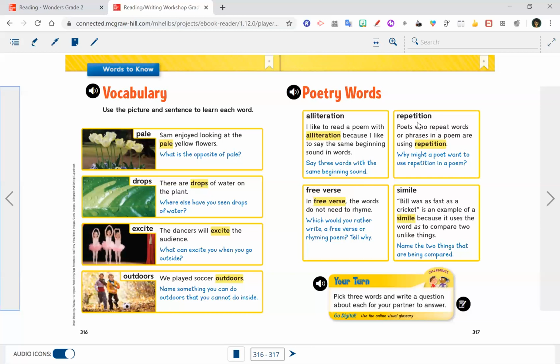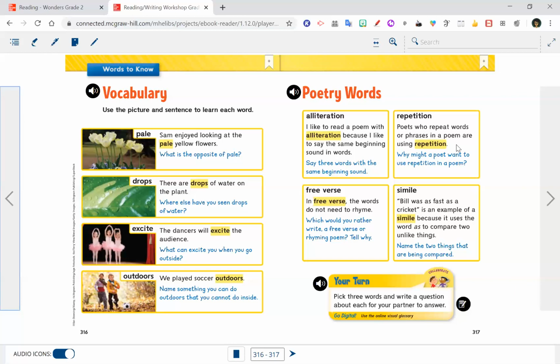Next, we have repetition. And this word kind of reminds me of repeat. Poets who repeat words or phrases in a poem are using repetition. So sometimes poets, the person who writes a poem, can say the same words over and over again. Look, there's a cat.